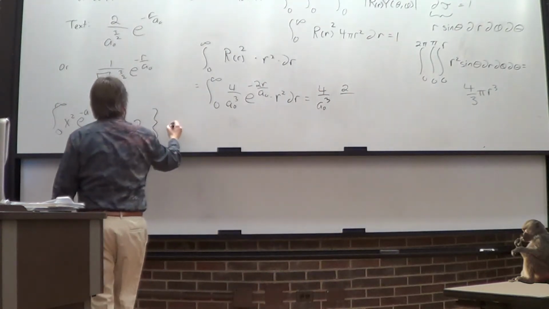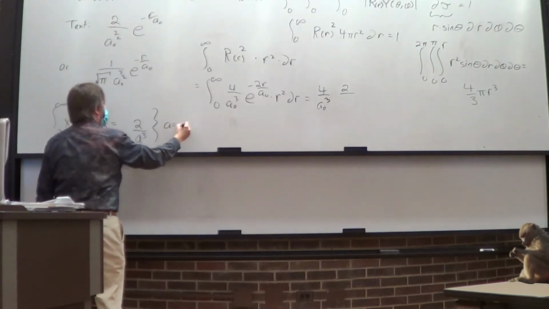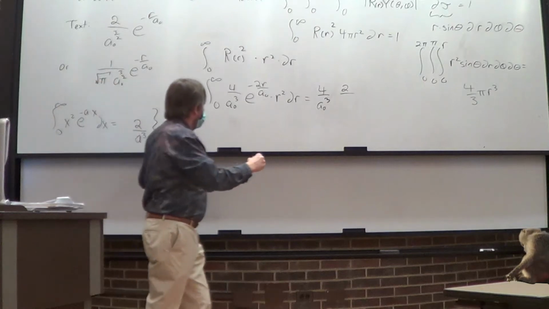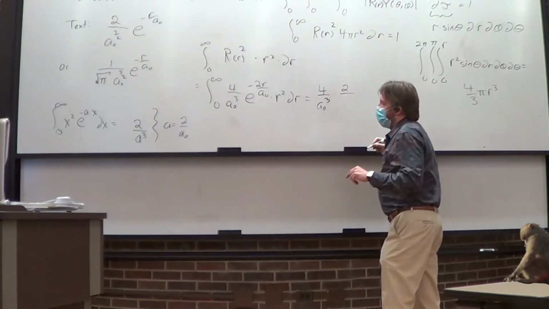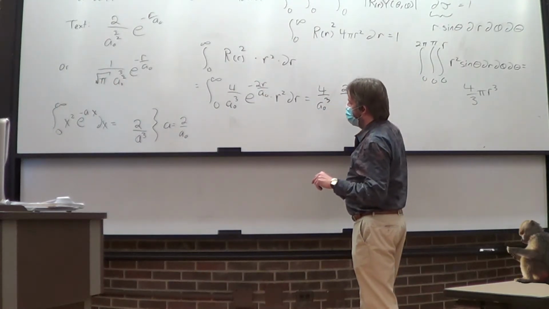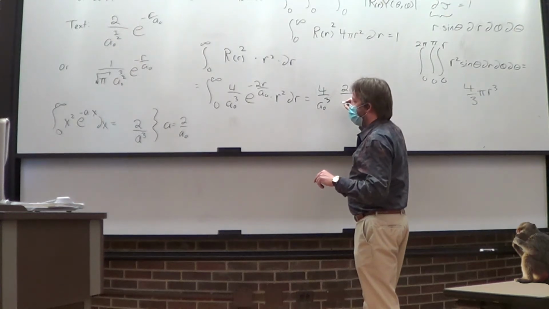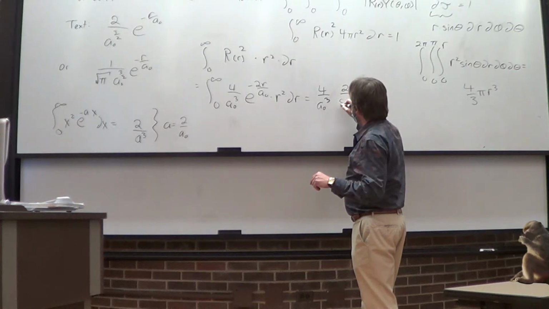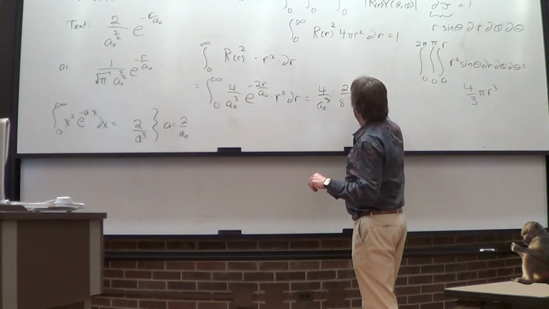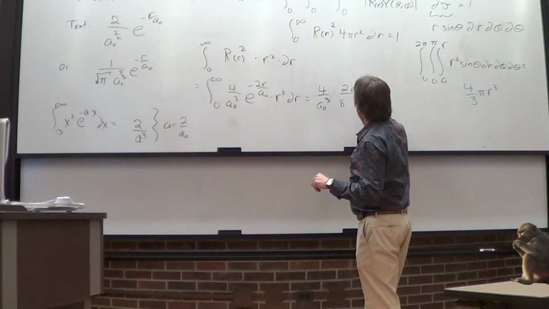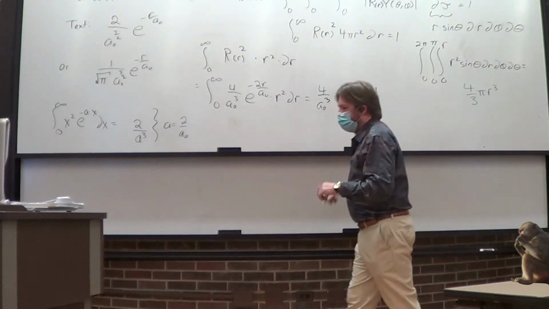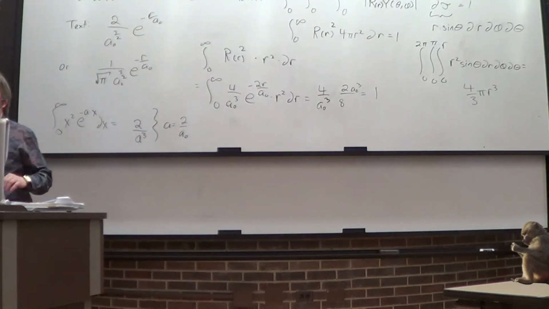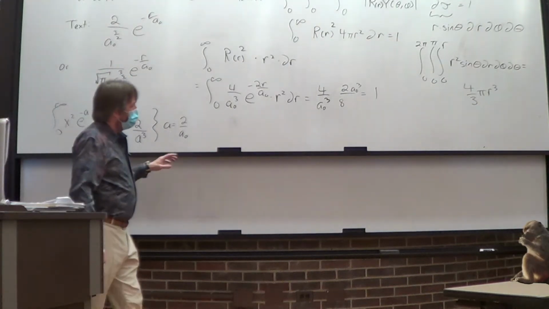And don't let the a versus a naught fool you: a is 2 over a naught. So that means I got 2 over 2 over 2 over 2. What is that? 8. 2, 4, 8. A naught to the third. Oh yeah, look at that, that's 1. Yeah, there you go.